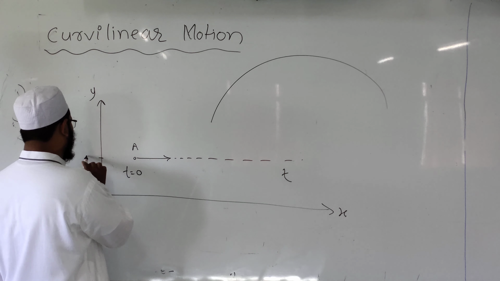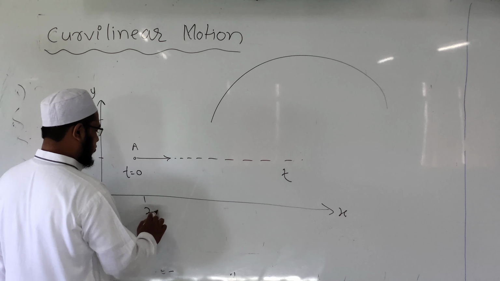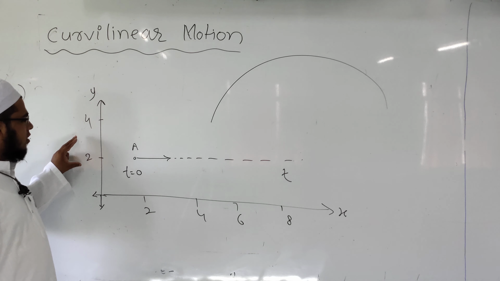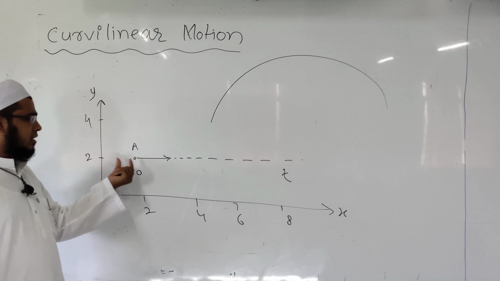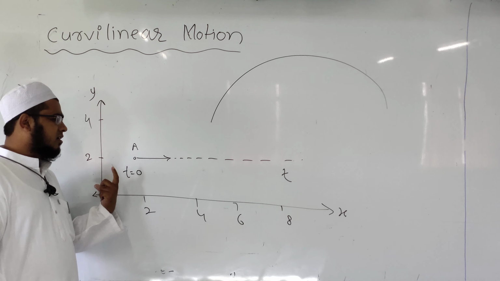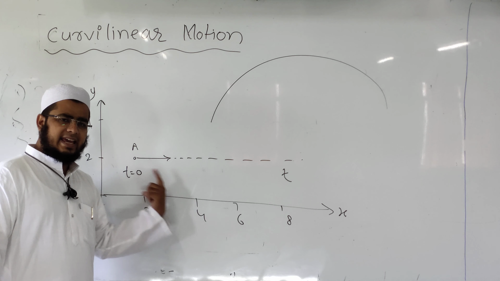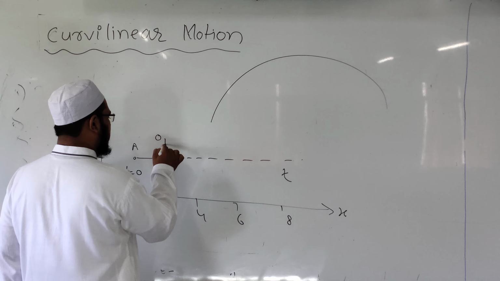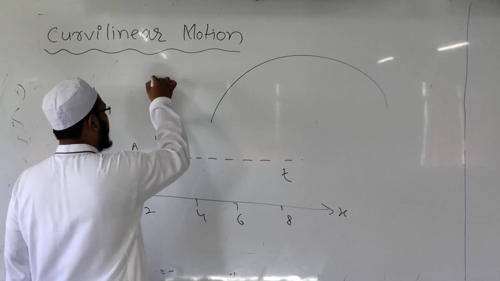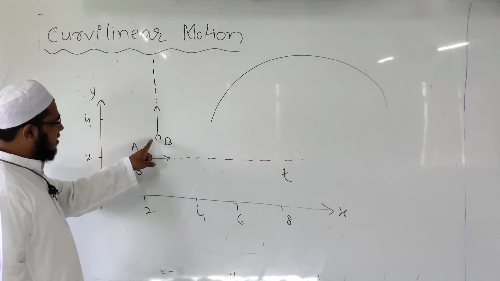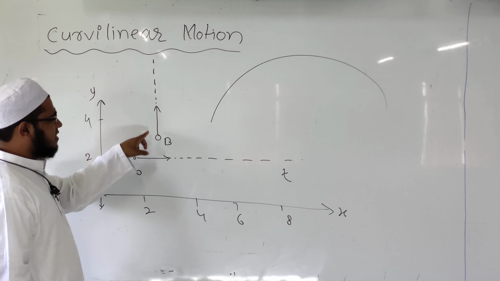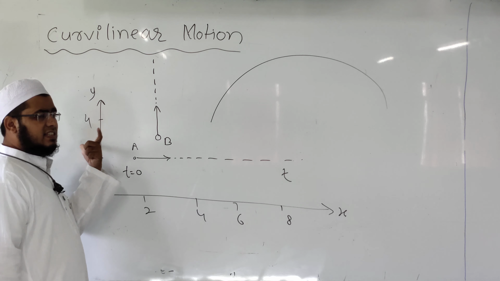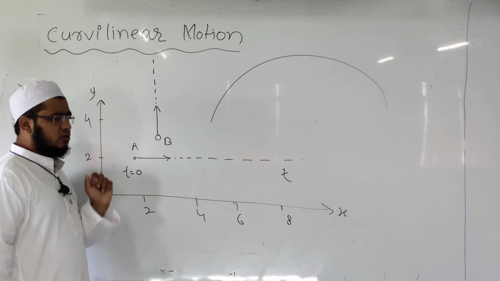If here the value of the coordinate is 2, then 4, 6, 8, then at each point the y coordinate of the particle's position is constant, and there is change only in the x coordinate. Similarly, if another particle B is moving in the upward direction along a line, only the y coordinate is changing for the position, and the x coordinate remains constant.